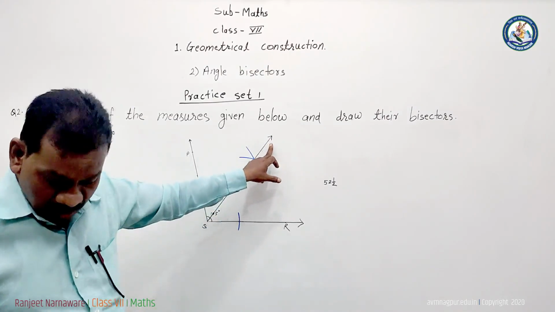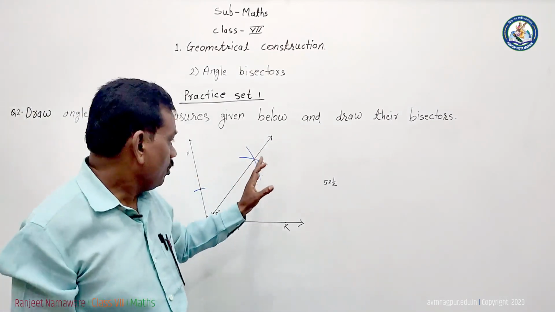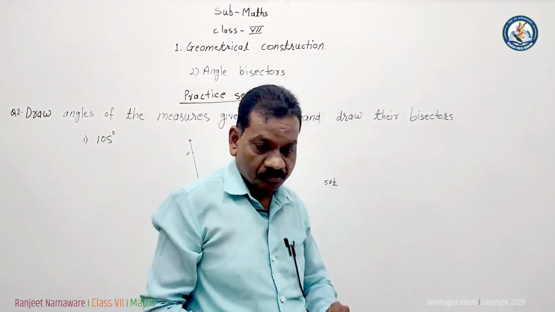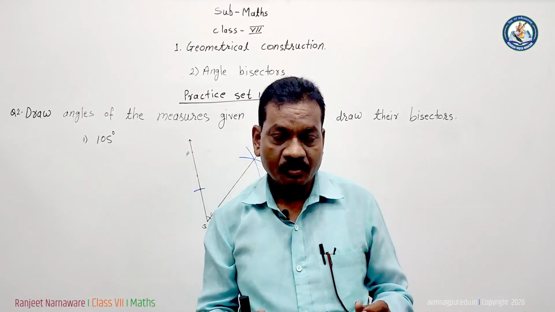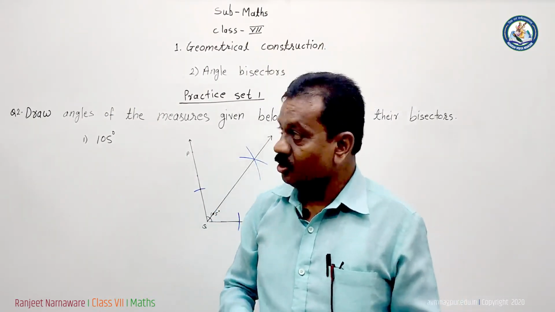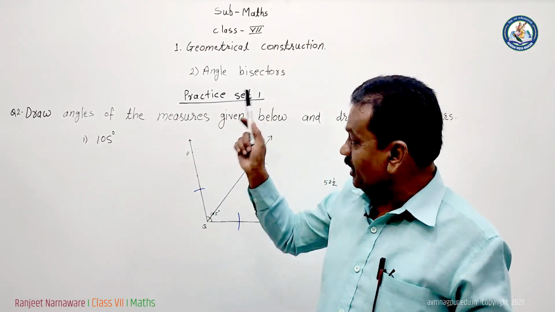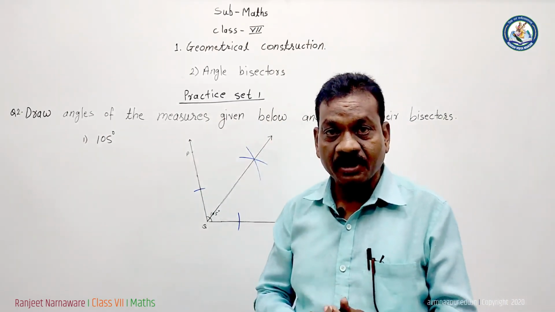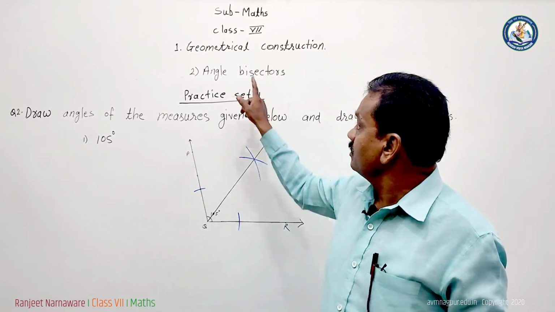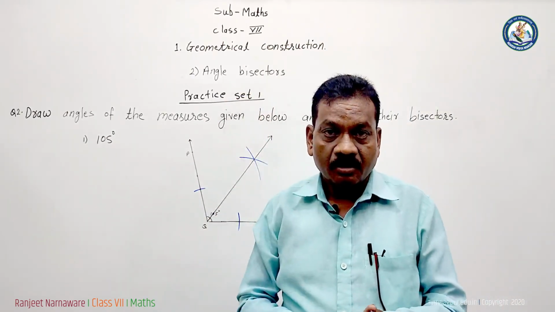It is called the angle bisector of a given angle. I hope you understand the topic taught by me. The first topic is the perpendicular bisector of a given line segment, and the second one is the angle bisector.